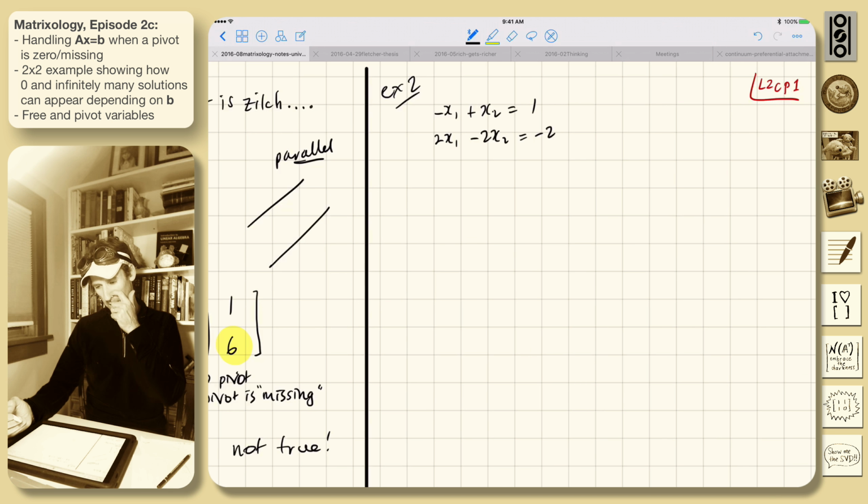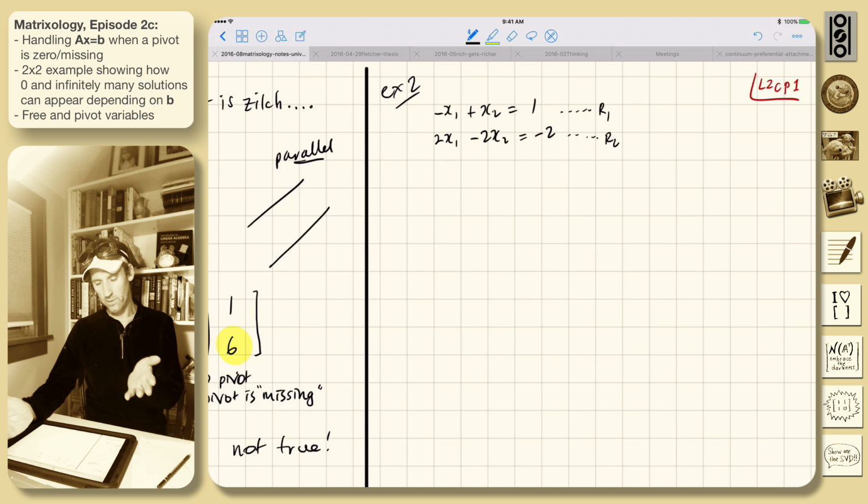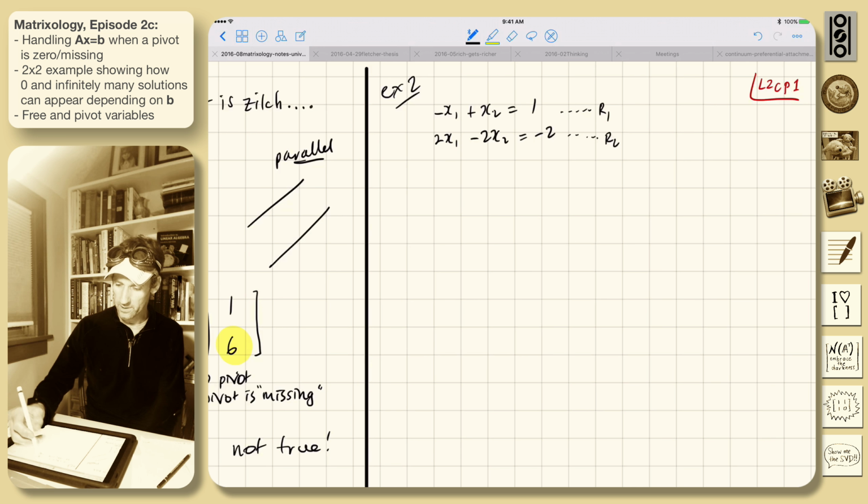So you can see that if you multiply row 1 by minus 2, you get row 2. So this is row 1, this is row 2. They're the same equation, actually the same equation.